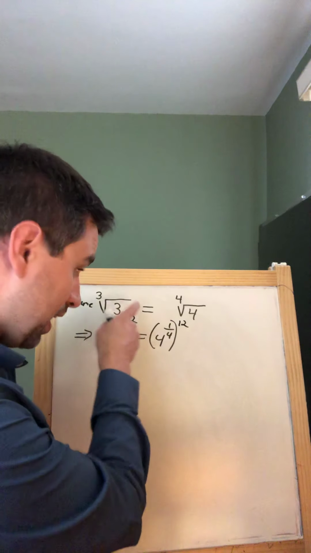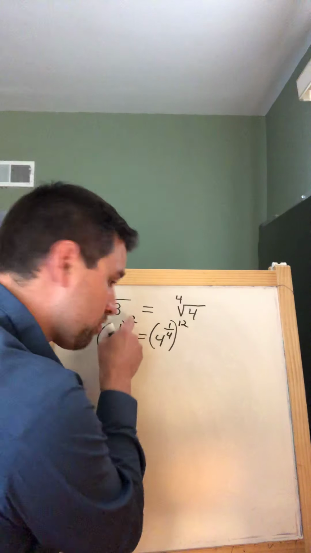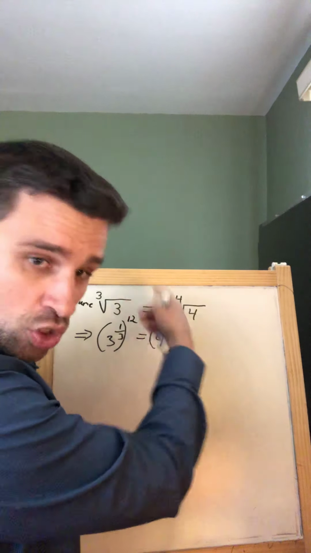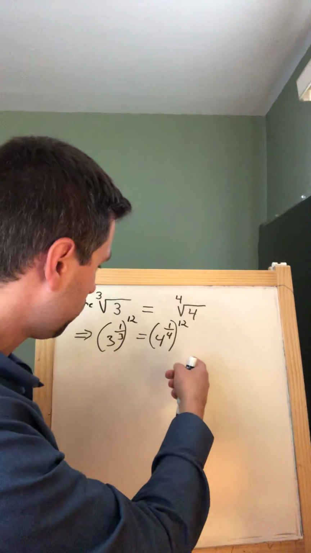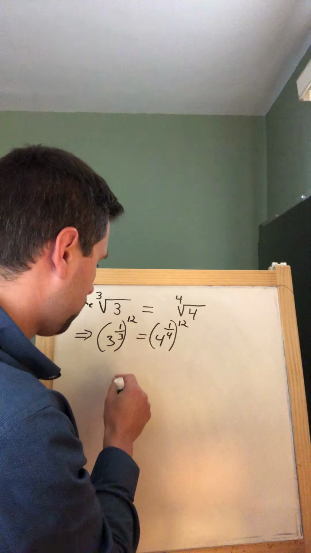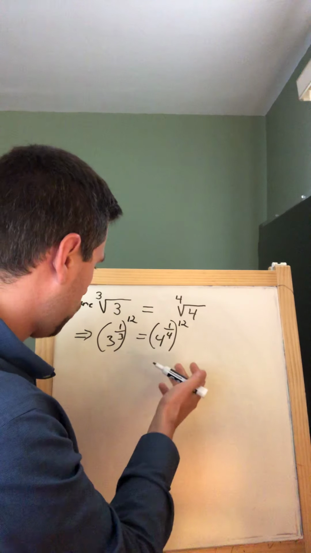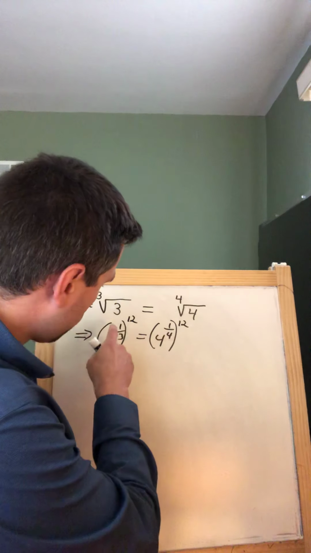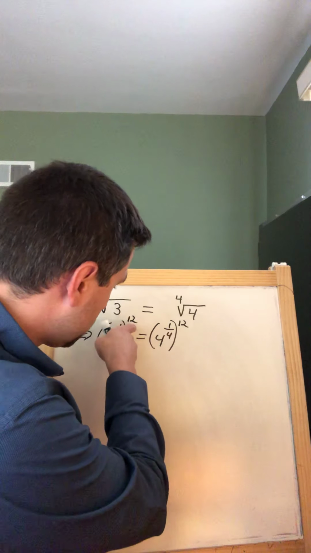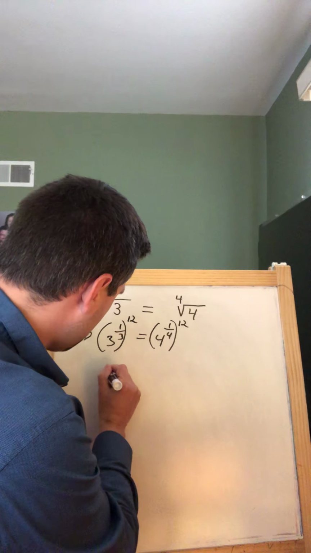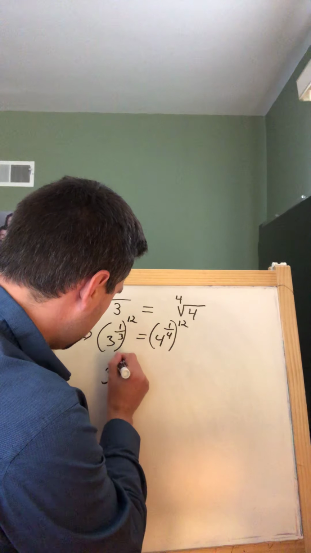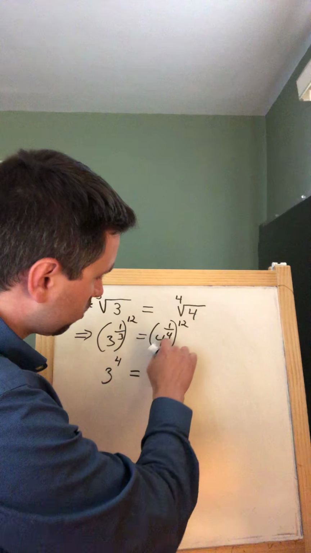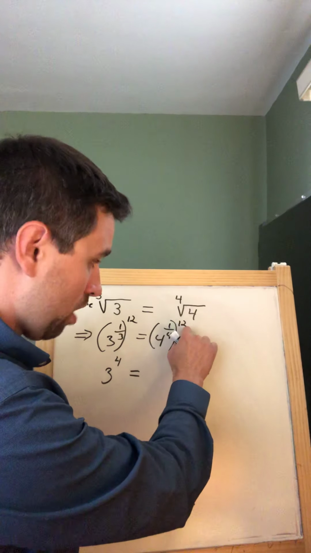I have 3 to the 1/3 to the 12th. So I have an exponent raised to an exponent, a power to a power, so I multiply my exponents. 1/3 times 12 is 12/3, which is 4. So 3 to the 1/3 to the 12th is just 3 to the 4th. And that's still equal to 4 to the 1/4 to the 12th.